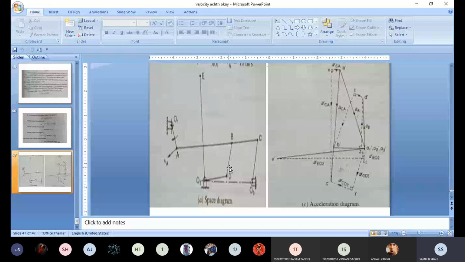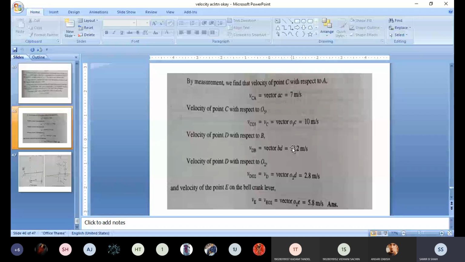Once again, radial part from point B dash, draw vector B dash Z parallel to capital BD, which is the radial component of the acceleration of point D with respect to B, and that we know is 693.6 meter per second square. BD is 10.2 meter per second square, and the length of the BD is 0.15 meter.